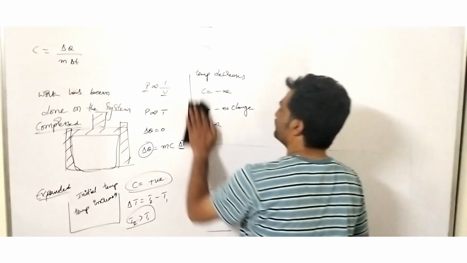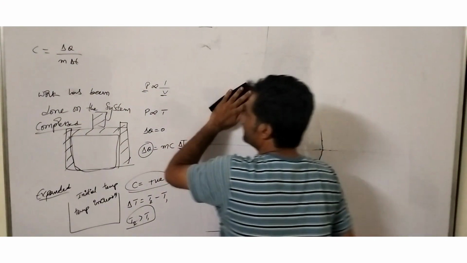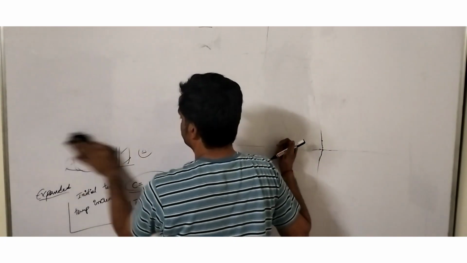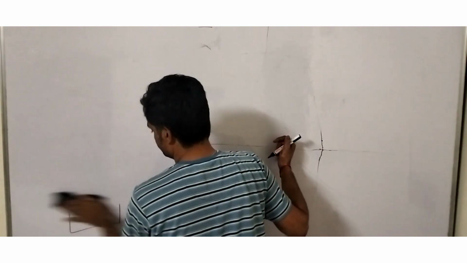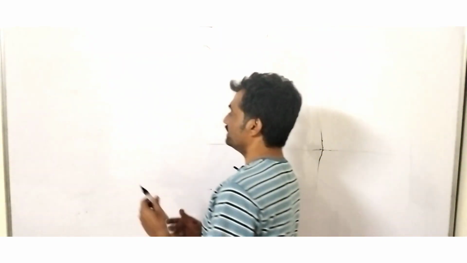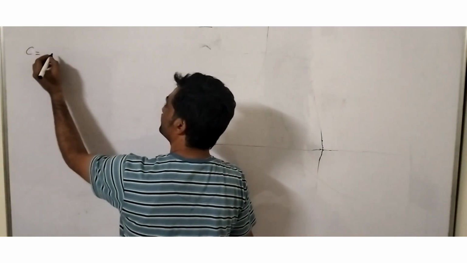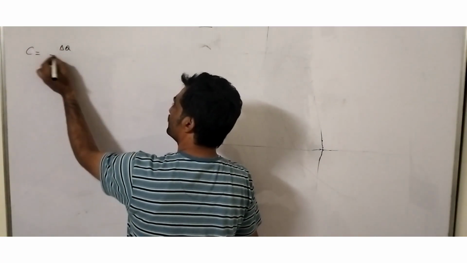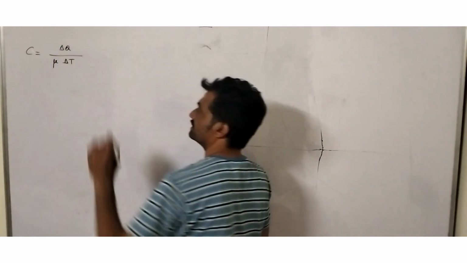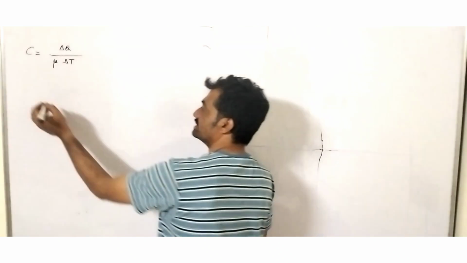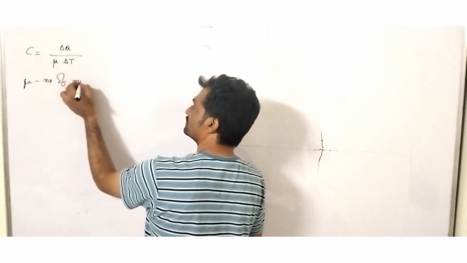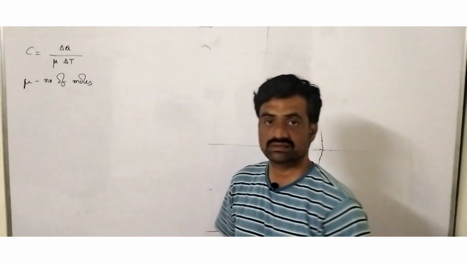So now, as we had represented this, observe that when we consider a gas in terms of moles, the specific heat is represented as C equals delta Q by mu into delta T, where mu represents the number of moles of the gas.